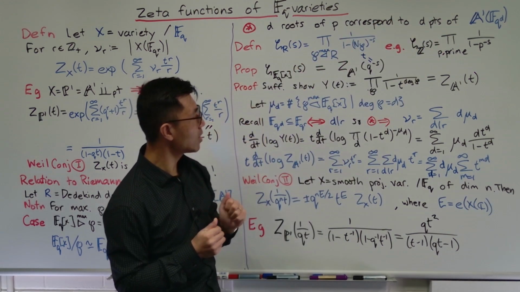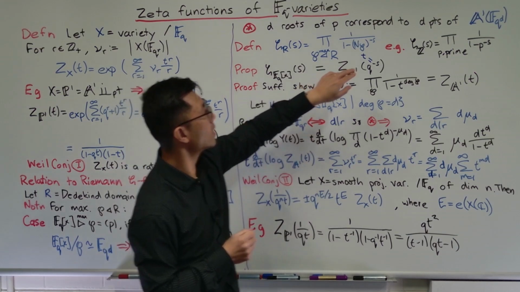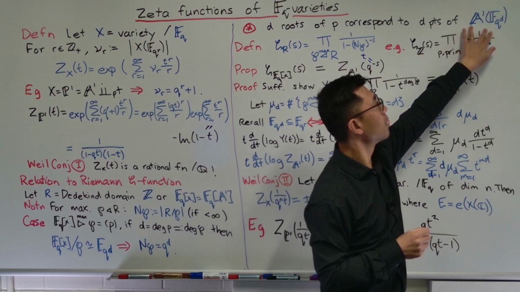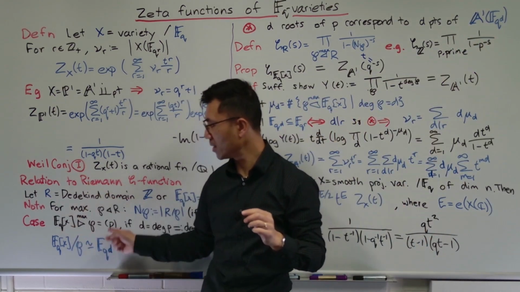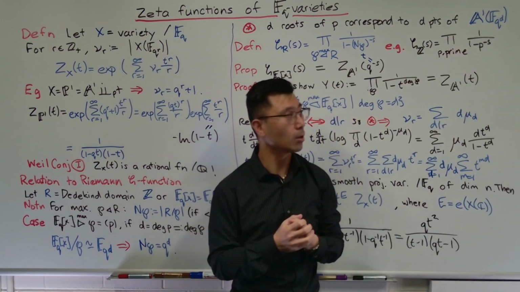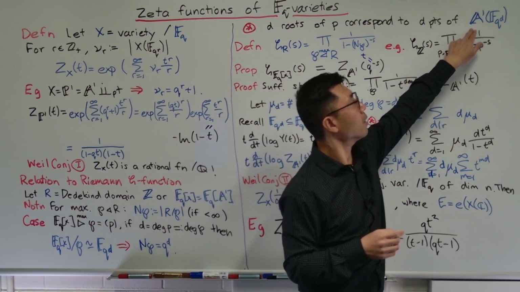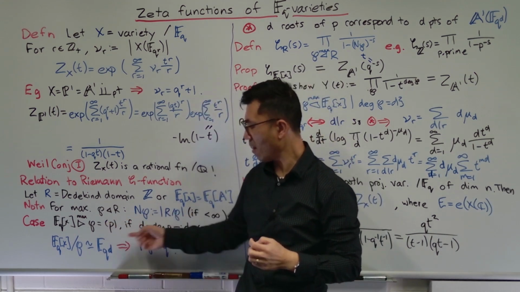Conversely, if you're given a point inside some F_{q^d} here, okay, how do you go back and get a maximal ideal? Well, what you can do is you can take its minimal polynomial over F_q, okay, and that'll be given by F_{q^d}.